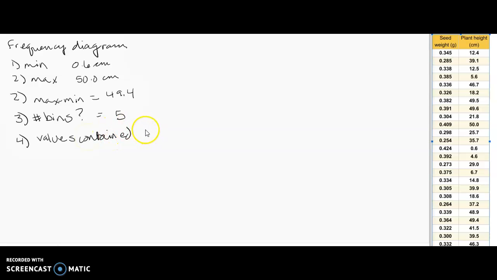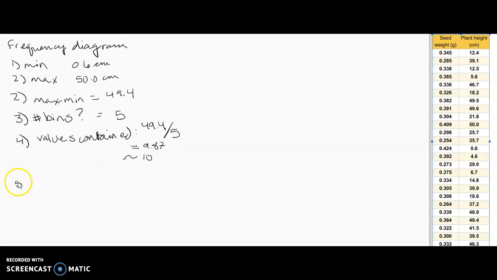I'll take my difference divided by the number of bins that I want. In that case, that is 9.87. And then I generally round that to make numbers that are easier to deal with, so here I'm going to go ahead and round that to 10.